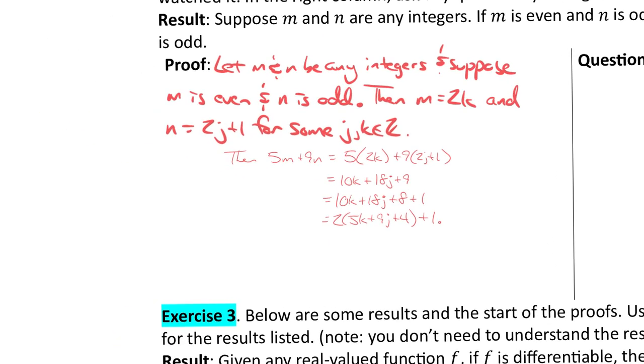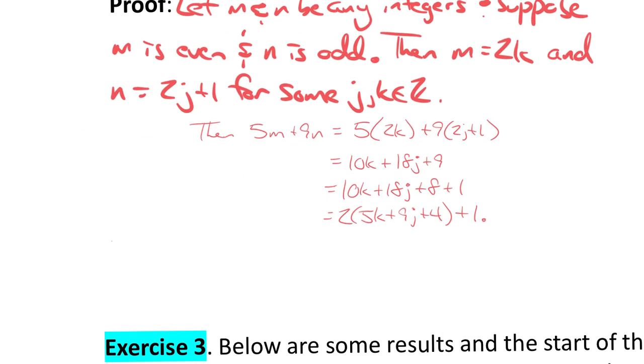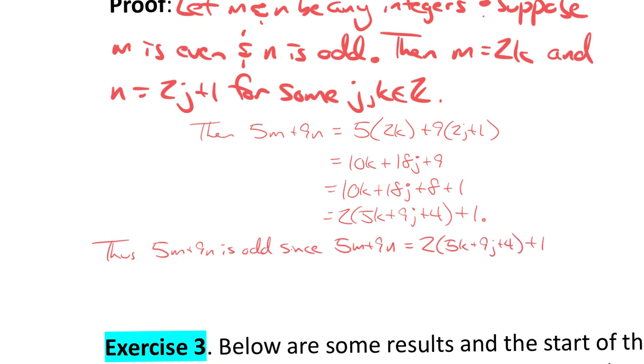Okay, so here we go. We'll say, thus, 5m plus 9n is odd. Why? Since 5m plus 9n we showed was equal to 2 times (5k plus 9j plus 4) plus 1.